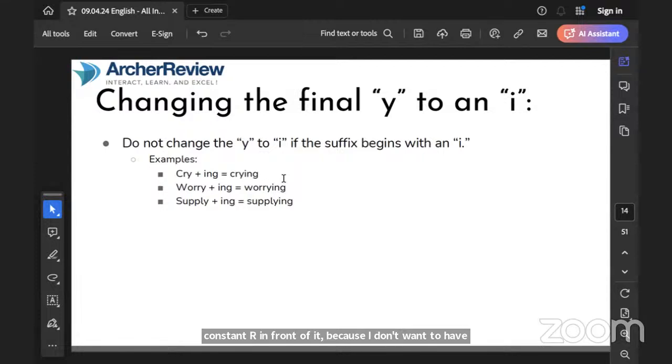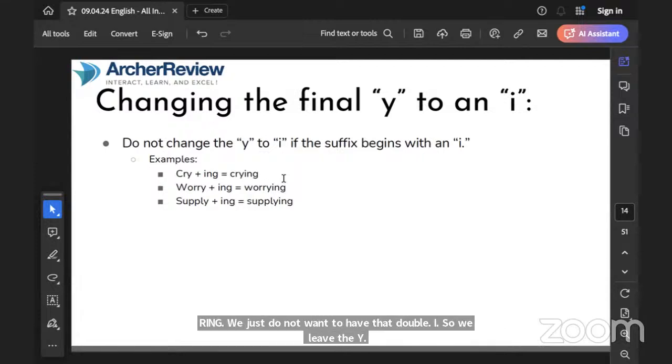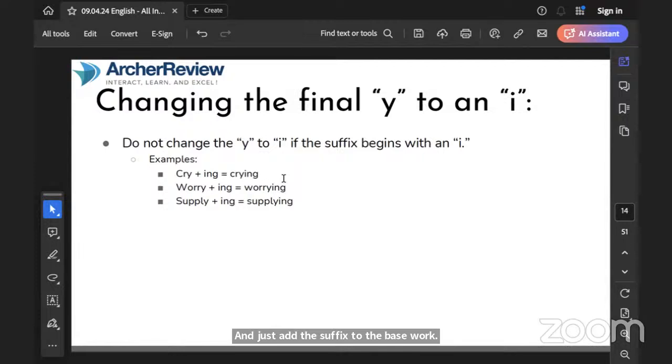We just do not want to have that double I. So we leave the Y and just add the suffix to the base word. Same thing with supply. We leave the Y because we don't want to have a double I. That's as simple as what it is. Okay. Any questions on that one before we move on? Everybody good? All right.